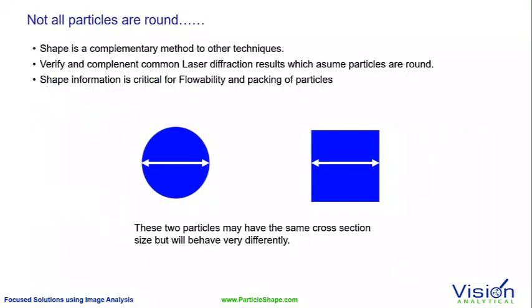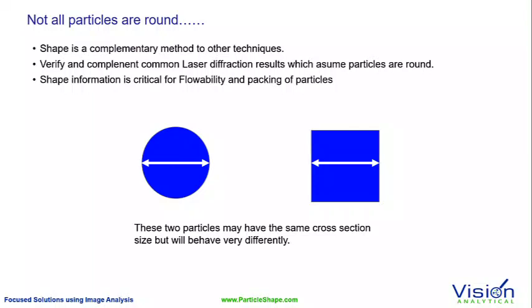As a result, dynamic image analysis has become a very complementary tool to some of these techniques, especially laser diffraction. Many customers have expressed the benefit of using shape in addition to these different techniques to measure particle shape for the flowability and packing compressibility of particles.